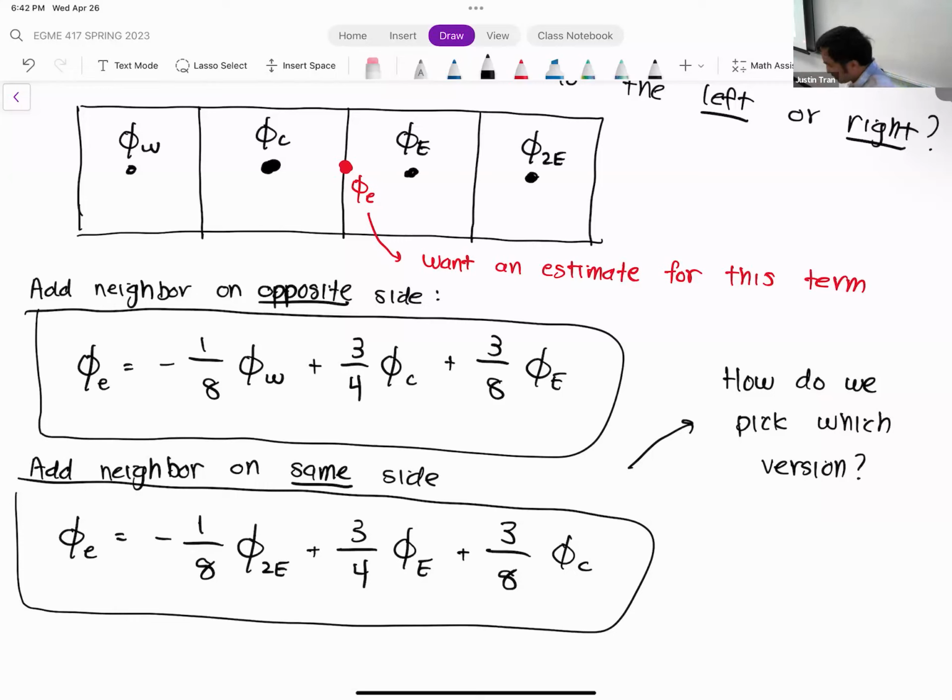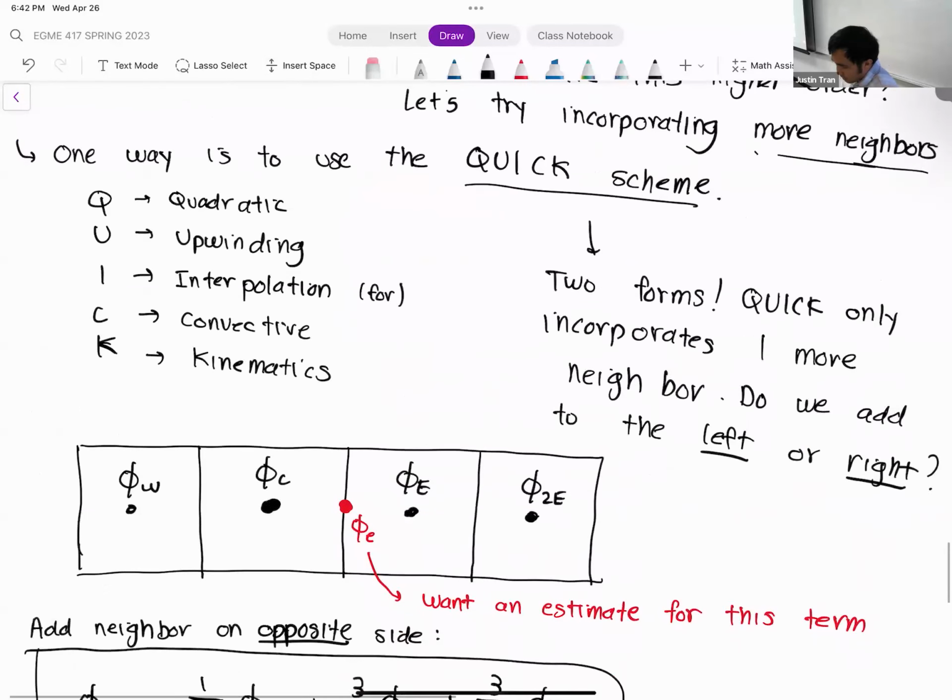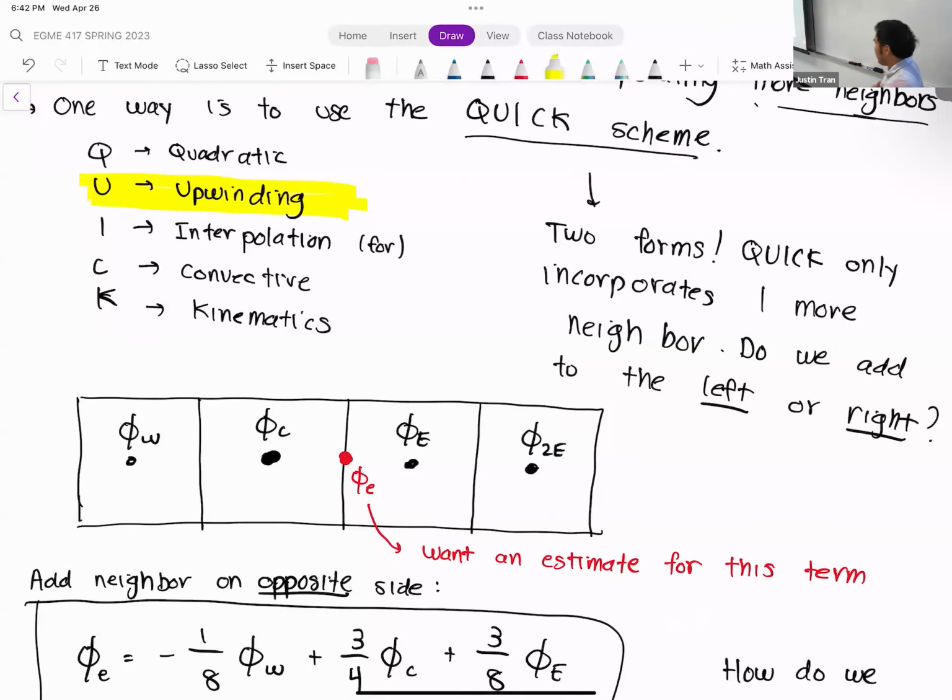So let me go back up to the acronym for QUICK really quick. All right, and so let's look at the second letter for QUICK, which is upwinding, right? And upwinding is something that we've talked about before in this class.